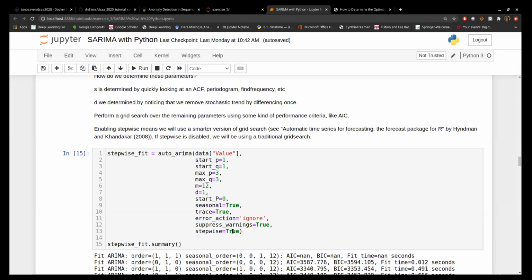If stepwise is disabled, we're going to be using traditional grid search. Sometimes AutoArima will try out a combination of parameters that won't converge. By setting error action equals ignore, we can proceed to the next combination of parameters directly without erroring out. Also, a lot of warning messages come from statsmodels, which is what AutoArima is based off of, so I'm going to suppress those warnings by setting suppress warnings equals true.